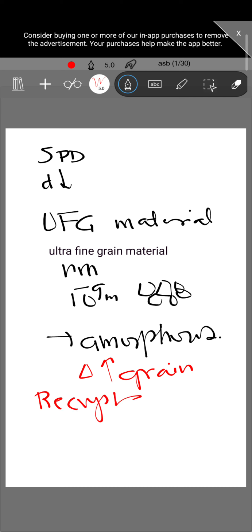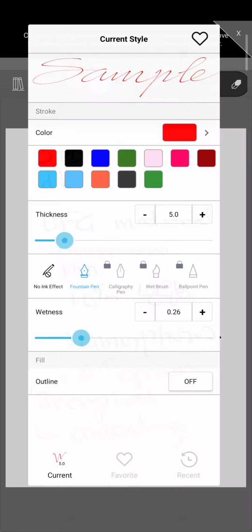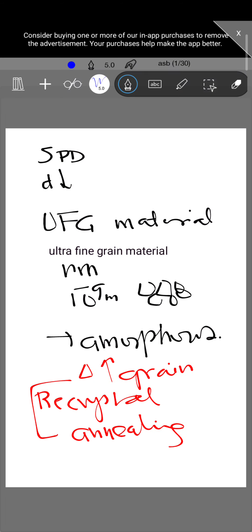The application of heat to cause this is known as annealing. Not only will it increase the grain growth, prior to that it will reduce the residual stress that was developed in the material due to the excessive mechanical force applied in SPD.